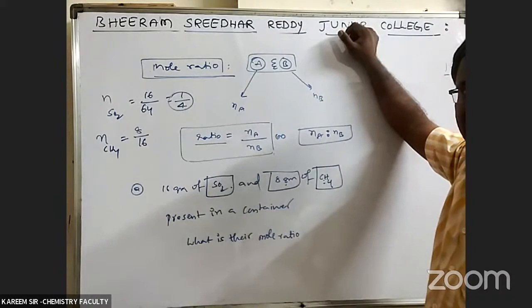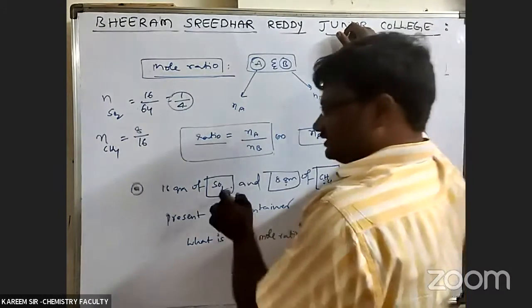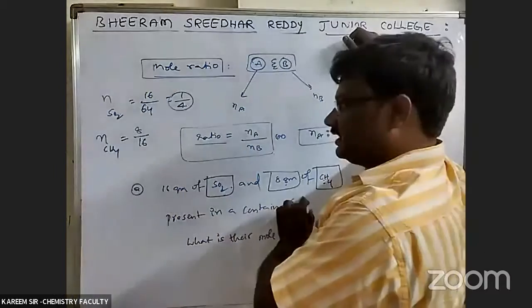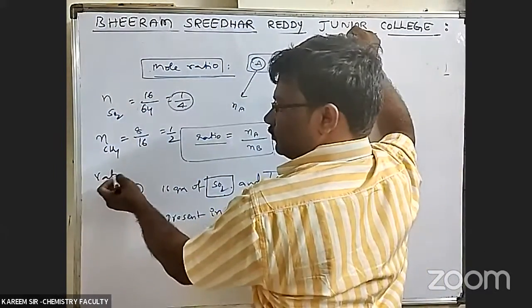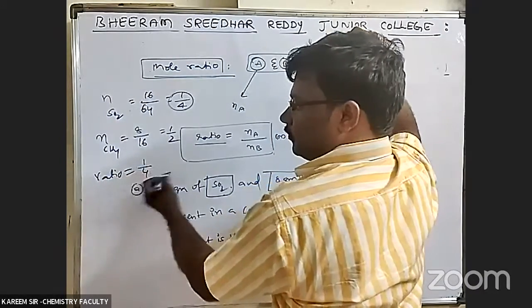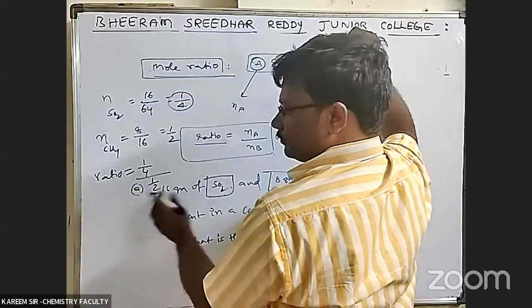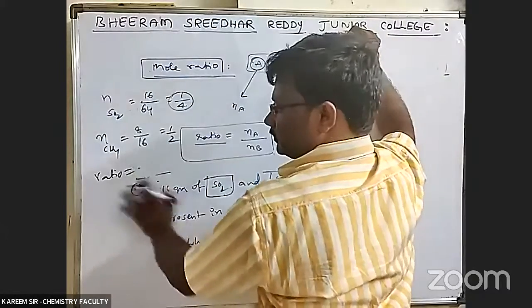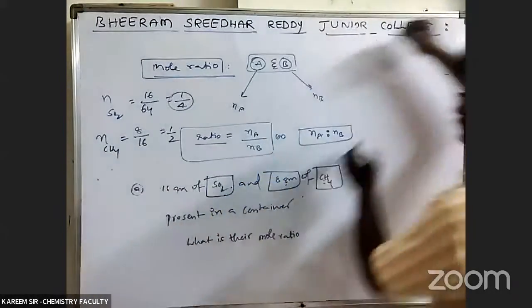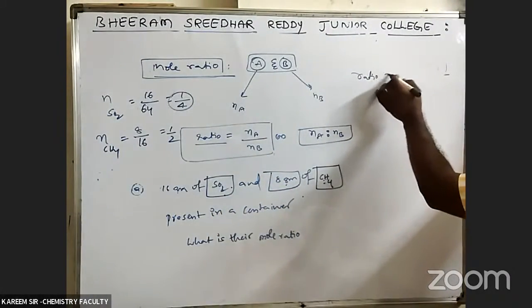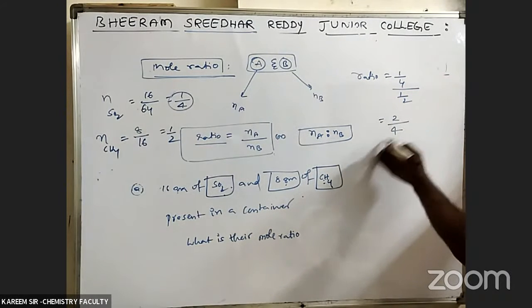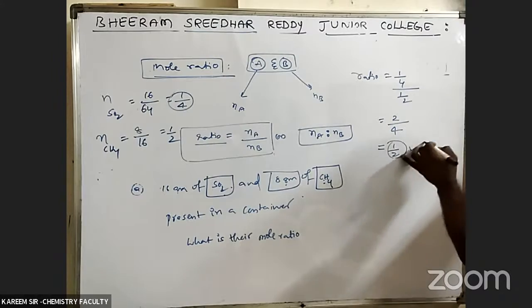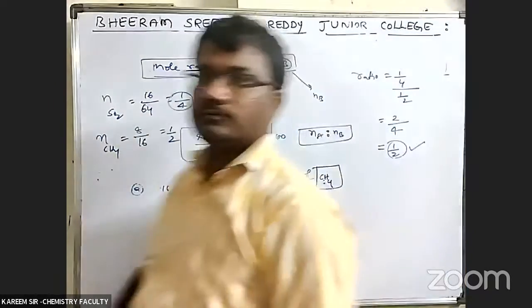So here it is 1 by 2. It is sulfur dioxide gas, and methane gas. Therefore the ratio is 1 by 4 by 1 by 2, that is 2 by 4. The answer is 1 by 2.